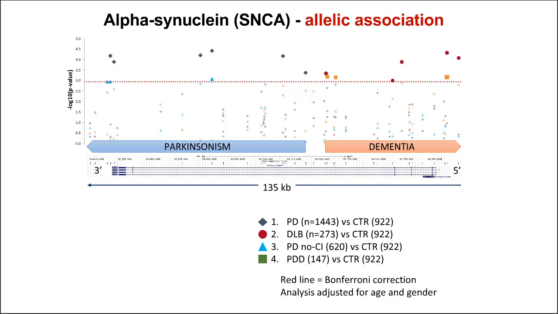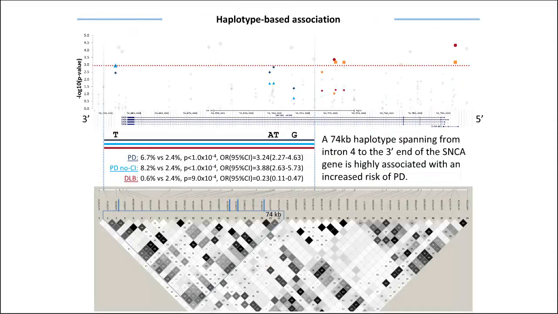We did an association analysis only on the synuclein loci because this is the main contributor to Parkinson's disease from all of the association studies. And what we could find here is that on the left side, on what we call the 3' end of the gene, we find a big region that associates with Parkinson's disease with no cognitive impairments. These are the ones that had disease for a long time that does not develop any cognitive dysfunction.